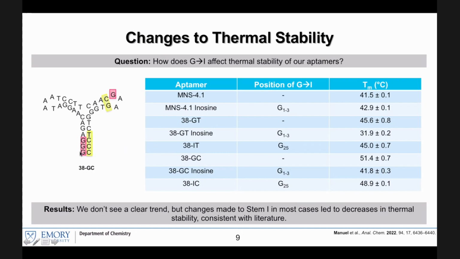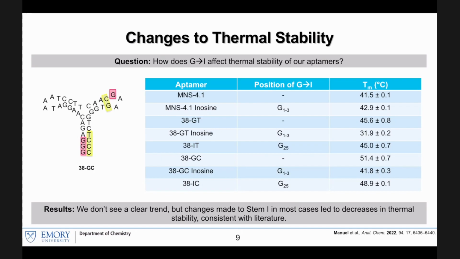Those where we changed the G1 through 1, 2, and 3 to I, so 38 GT inosine and 38 GC inosine, these were the only two where we saw a drastic decrease in our Tm from G to I, or from parent to a more drastic change in base modifications. We also see the same here, right, with 38 GC and 38 GC inosine. While I'm not sure why that may be, definitely more studies would have to be done to determine this.